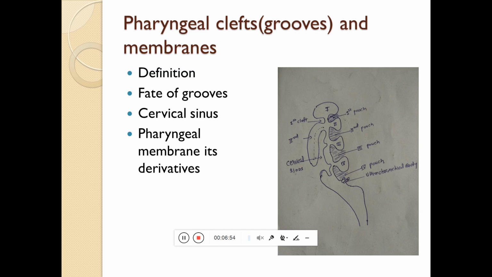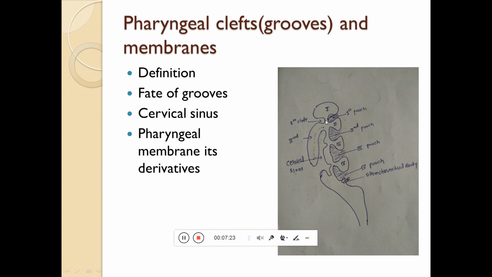Another structure lies in between the grooves and pouches. The connection between any two arches, between the ectoderm and endoderm, is a very thin membrane known as the pharyngeal membrane. Of these, the derivative of the first pharyngeal membrane is the tympanic membrane.